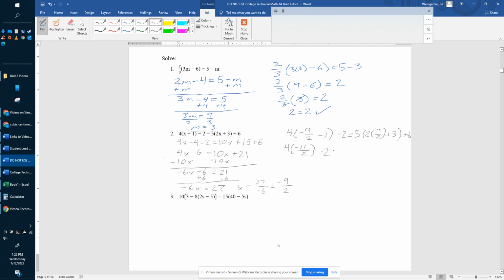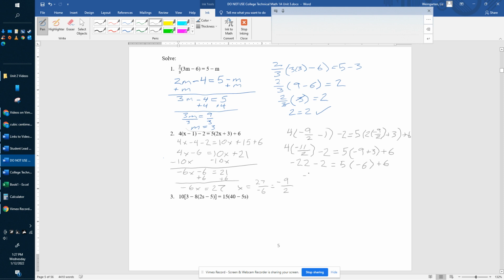minus 2 equals 5 times 2 times negative 9 halves, which is negative 9, plus 3, plus 6. Negative 11 halves times 4 is going to be negative 22, minus 2, equals 5 times negative 9 plus 3 is negative 6, plus 6.